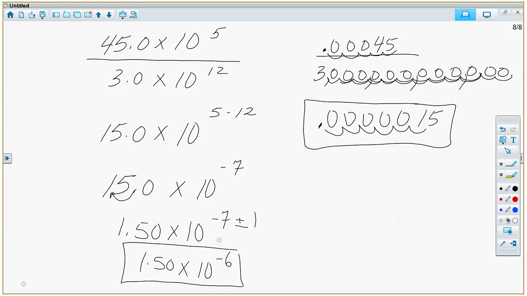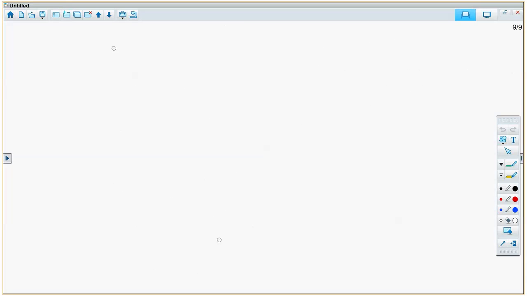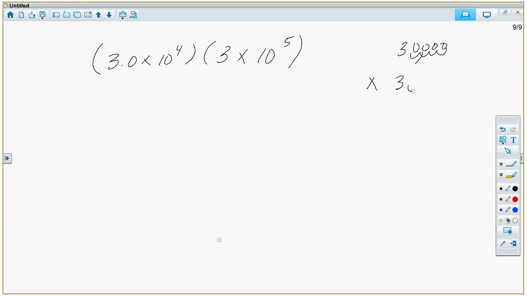For example, you start off simple. 3 times 10 to the 4th times 3 times 10 to the 5th. Now, they're not going to give it to you like that. They're going to give you 30,000 times 300,000.